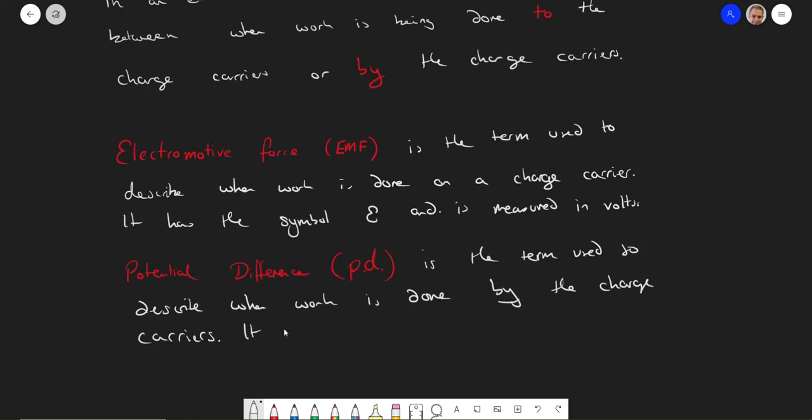It has a symbol, sometimes PD, sometimes people just say V, for potential difference, and is also measured in volts.